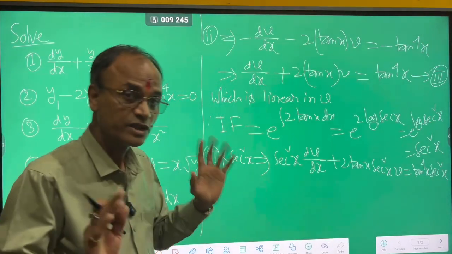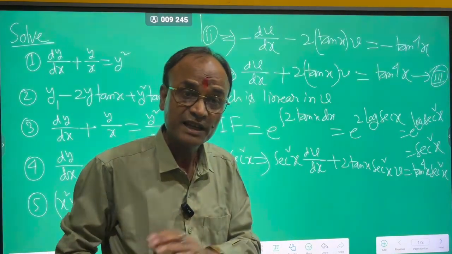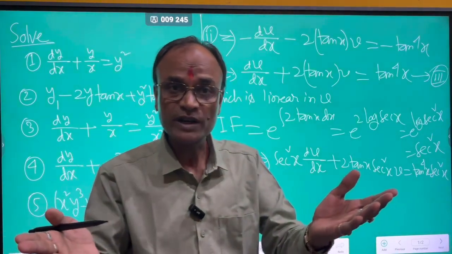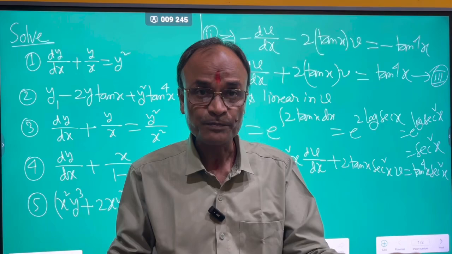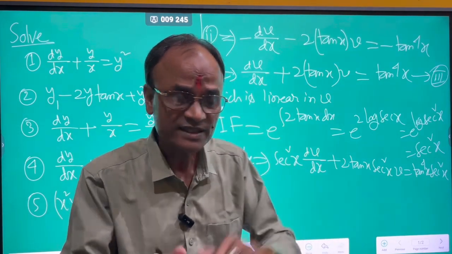Now you see the differentiation of sec square x, d by dx of sec square x, is equal to twice sec x into sec x tan x, means twice sec square x tan x.